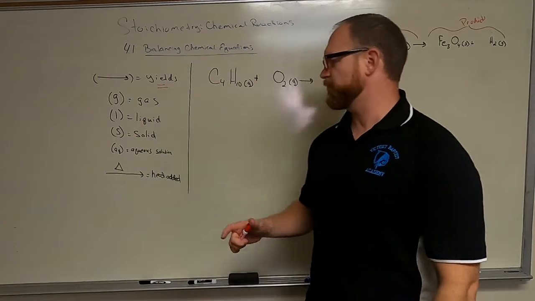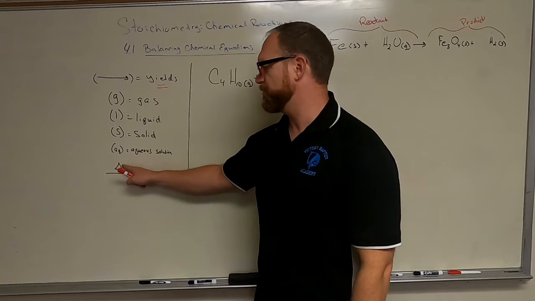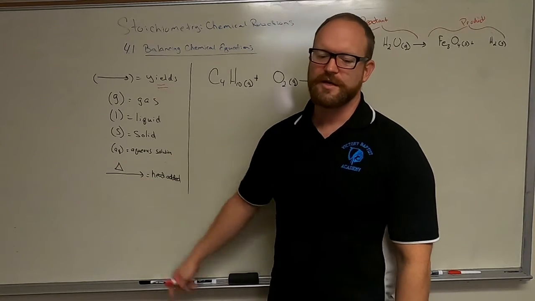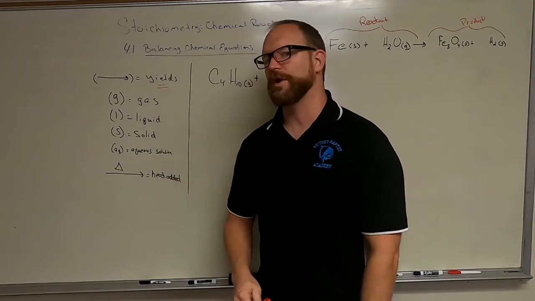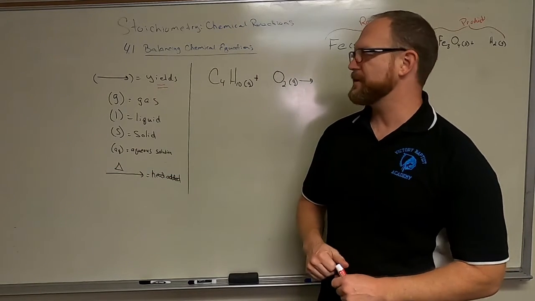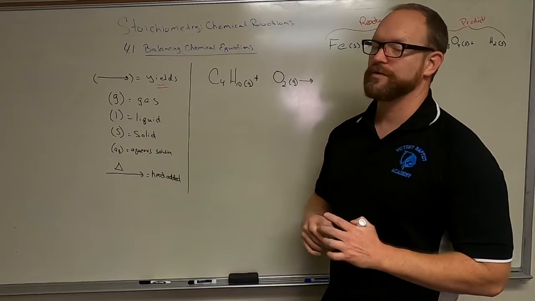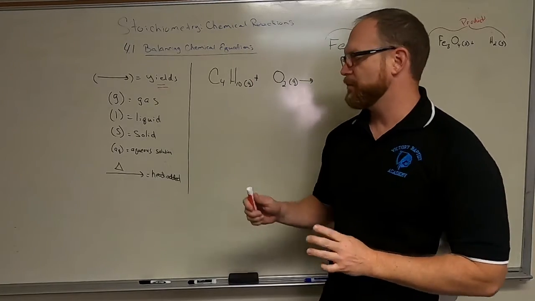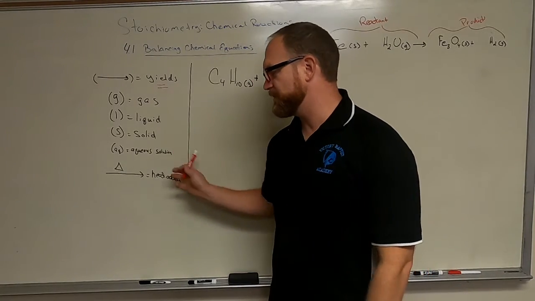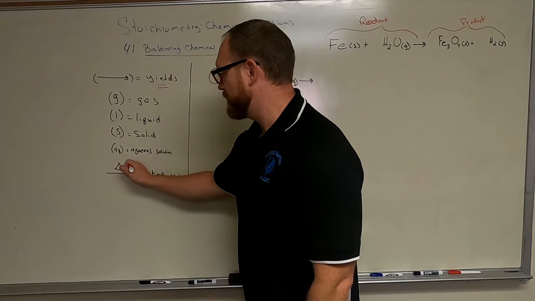Okay, so along with all those symbols, we do see the symbol here, delta, and then yields. Now delta, or if you want that triangle looking dude, we call it delta. It means that in order for a reaction to happen as we see it written, that delta means heat.